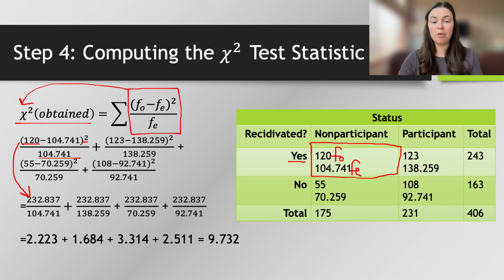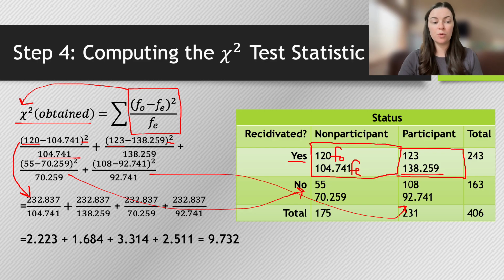So the next one would be those that did participate in the treatment program but also did recidivate. And so you'll see our observed frequency was 123, subtracted by our expected frequency of 138.259, squared, divided by our expected frequency of 138.259. And we repeat that same process for each of these 2 cells below as well.